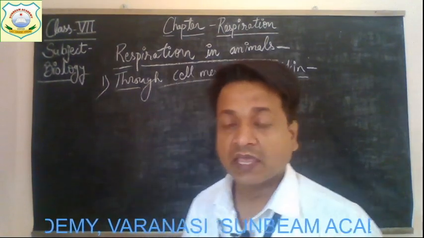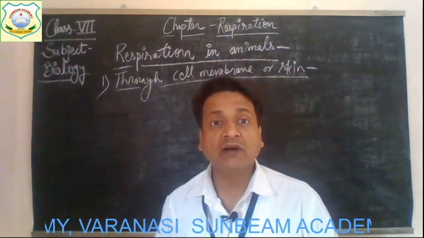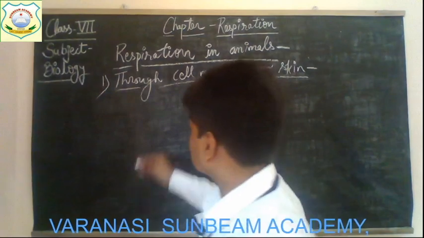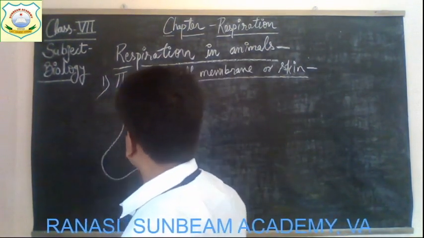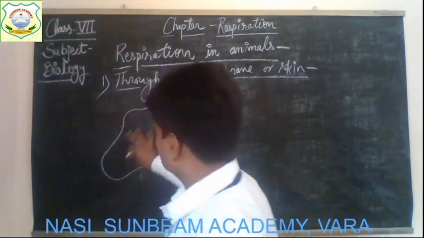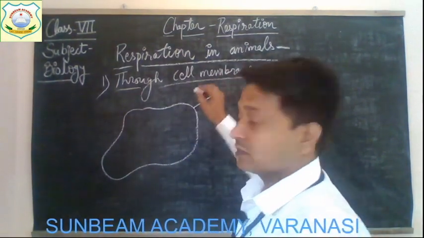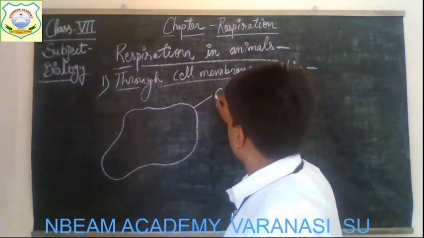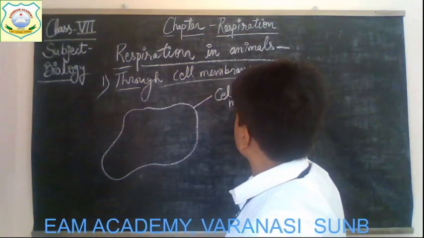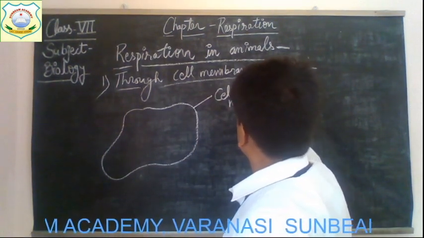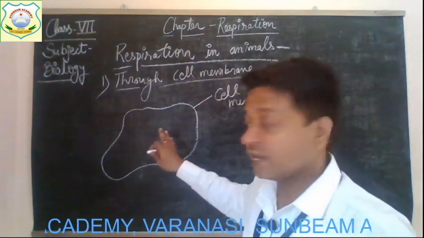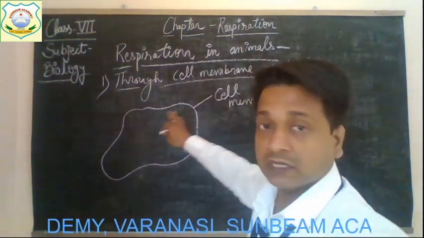it better. As you know, amoeba doesn't have a fixed body shape. So this is the body of amoeba. This layer is the cell membrane, and this cell membrane surrounds the body.